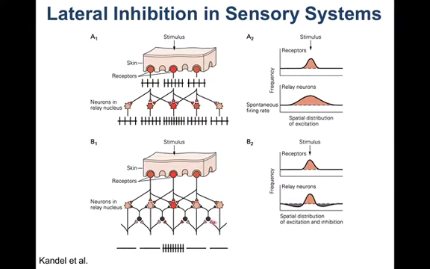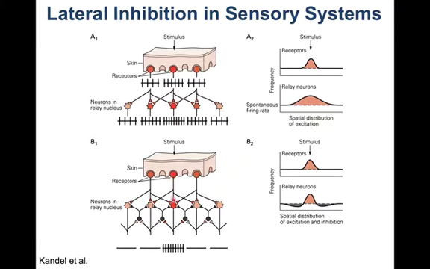Whereas in the presence of lateral inhibition, and I don't want you to worry about drawing this out. I would never ask you to draw this particular circuitry. I just want you to take away the key point, which is this central neuron in red that is maximally activated has inhibitory collaterals that synapse onto neighboring neurons. So those neighboring neurons will be inhibited.